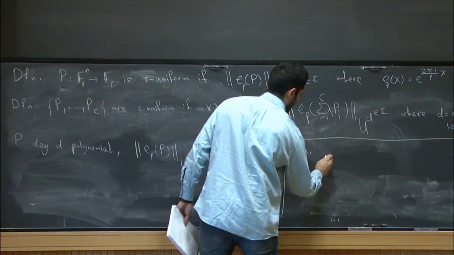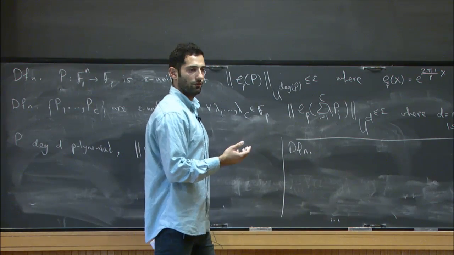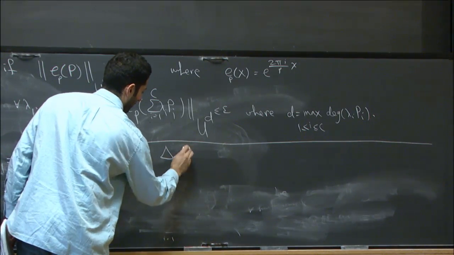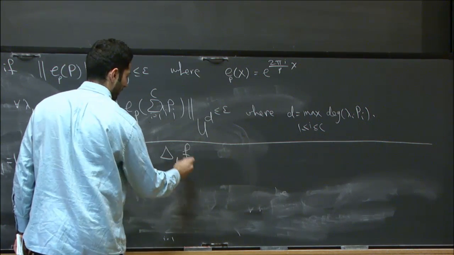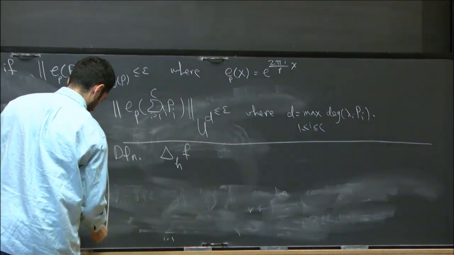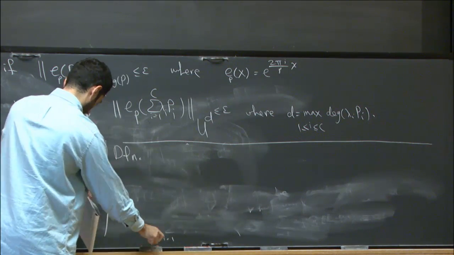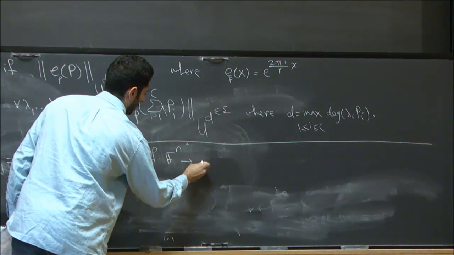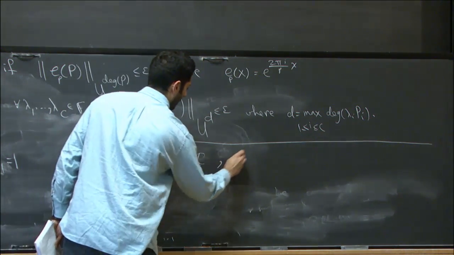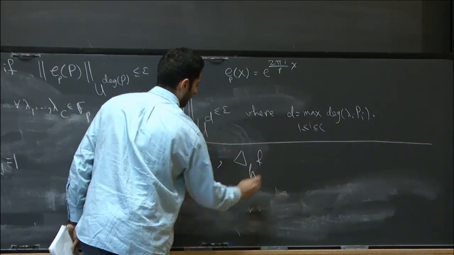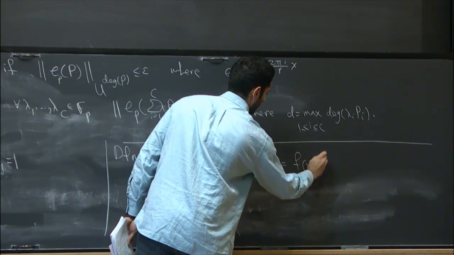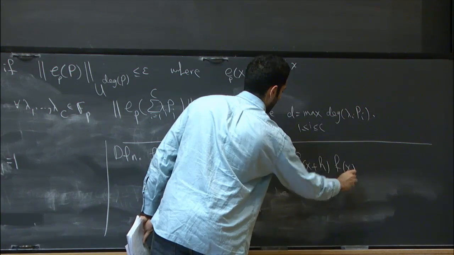There are two definitions. One is the multiplicative derivative of a function. Let's say f maps to C, then the multiplicative derivative of f is defined as f of x plus h times f of x.